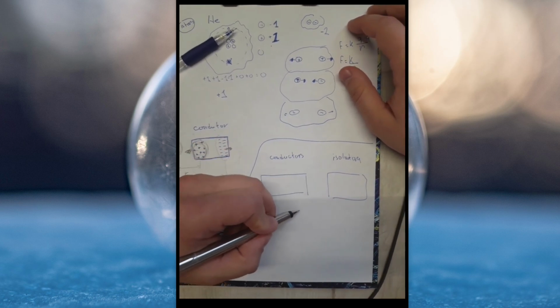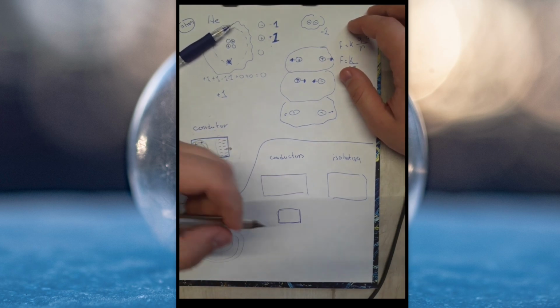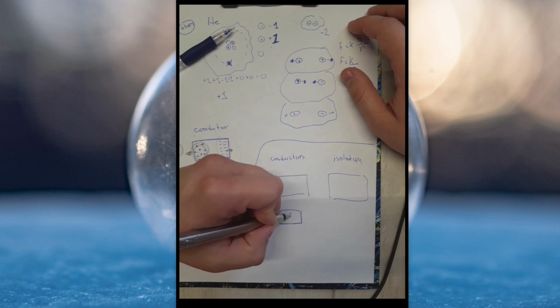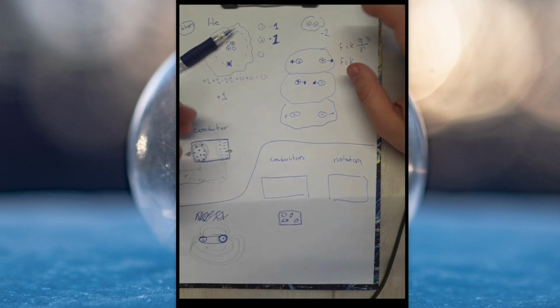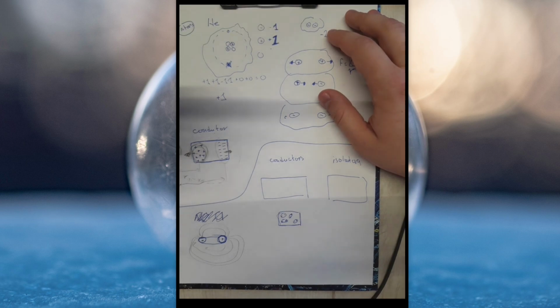And when we have an insulator, just floating in space, those dipoles can be arranged chaotically, like plus, minus, plus, minus. They're all over the place. But what happens if we introduce an external electric field?